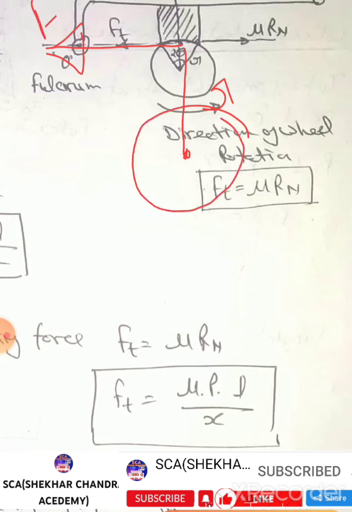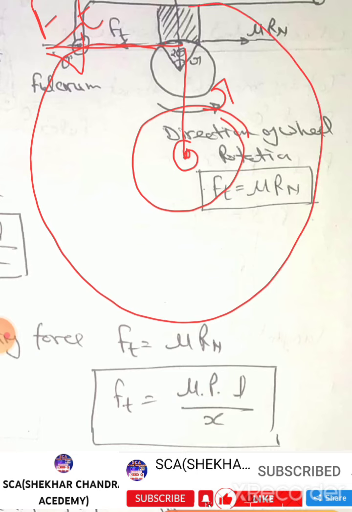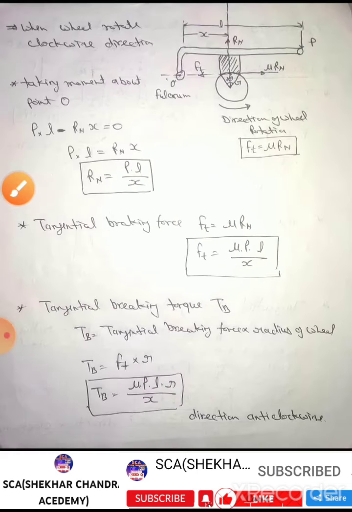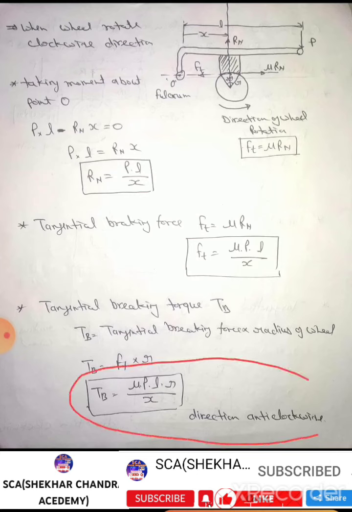Tangential braking torque is in anti-clockwise direction. That means Ft rotates about the center of the wheel in this direction. So here the direction of tangential braking torque is in anti-clockwise direction.